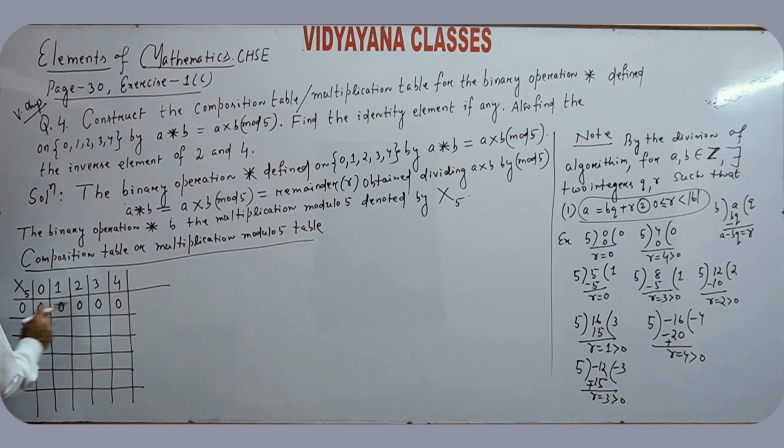Similarly, 0 into 4, that is equal to 0. 5 divides 0 gives the remainder 0.